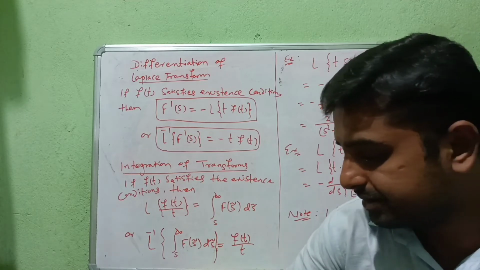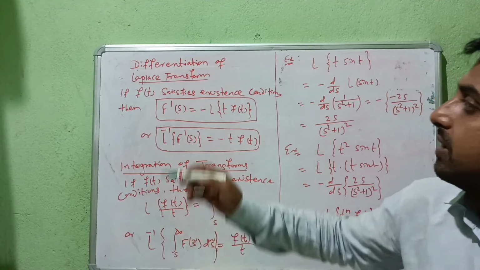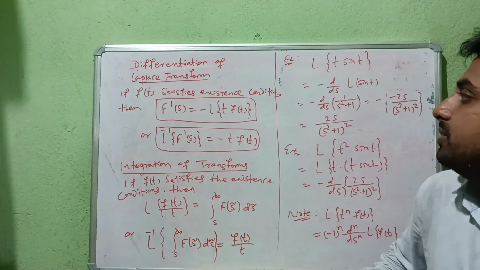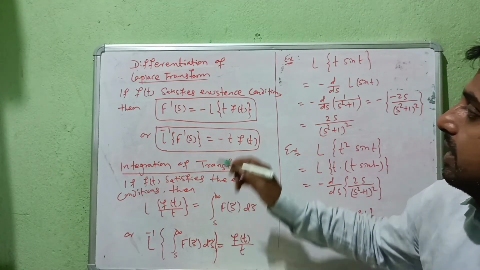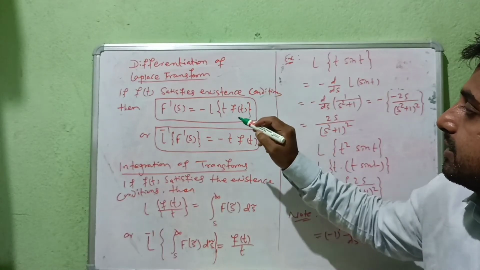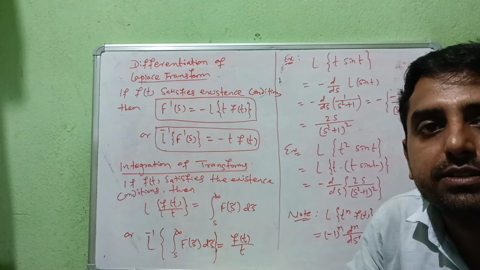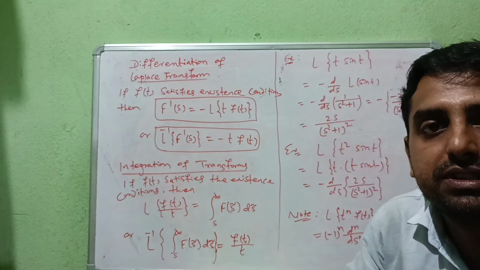Today in this lecture we will discuss the differentiation of Laplace transform. So if f of t satisfies the existence conditions. What are the existence conditions? First, it must be piecewise continuous.